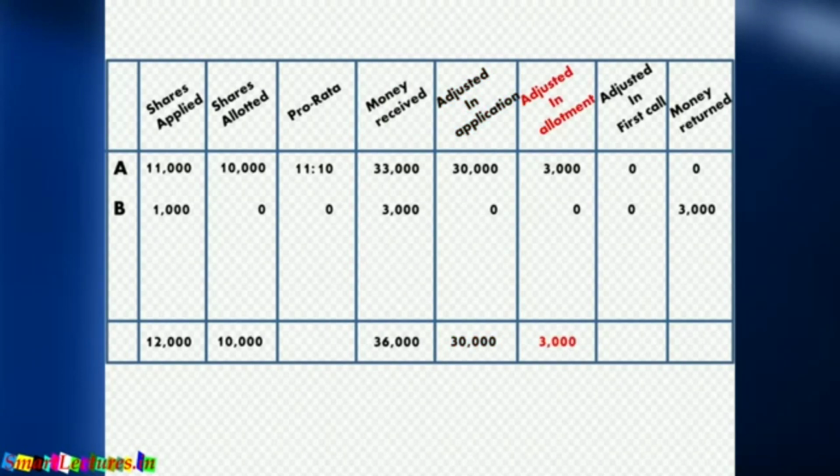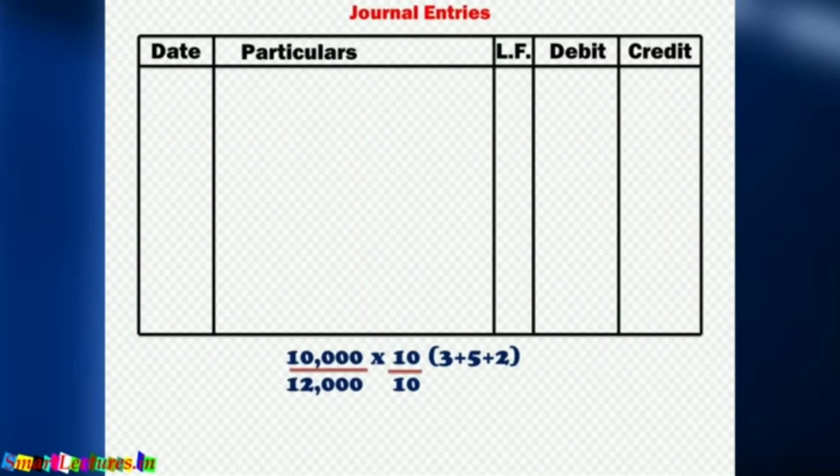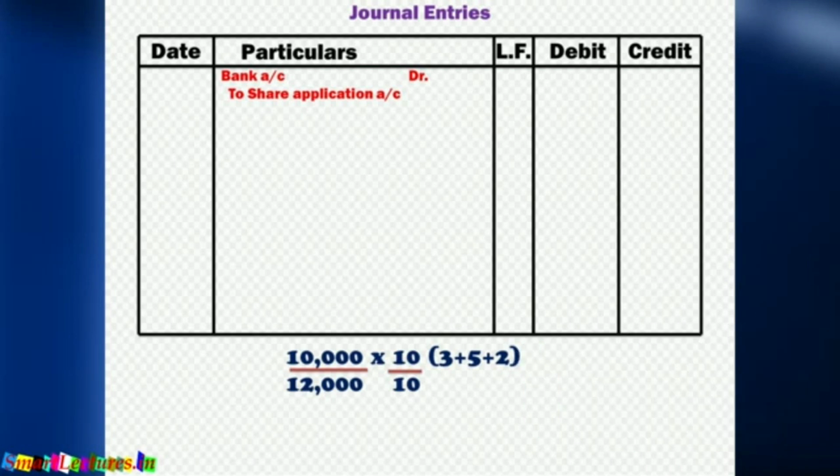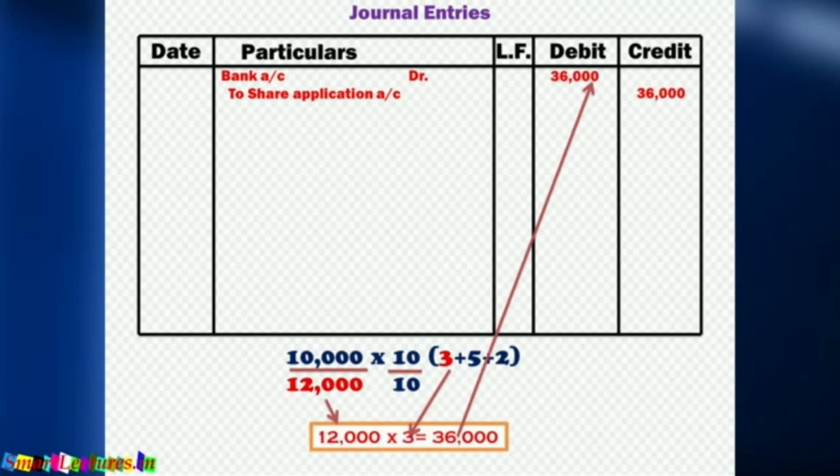So let's see how the journal entries will be passed on the basis of this table. Bank account debit to share application 36,000 rupees. You can take this figure from the table. Then share application account debit by rupees 36,000. You know, share application account must be cancelled immediately. It was credited by rupees 36,000.